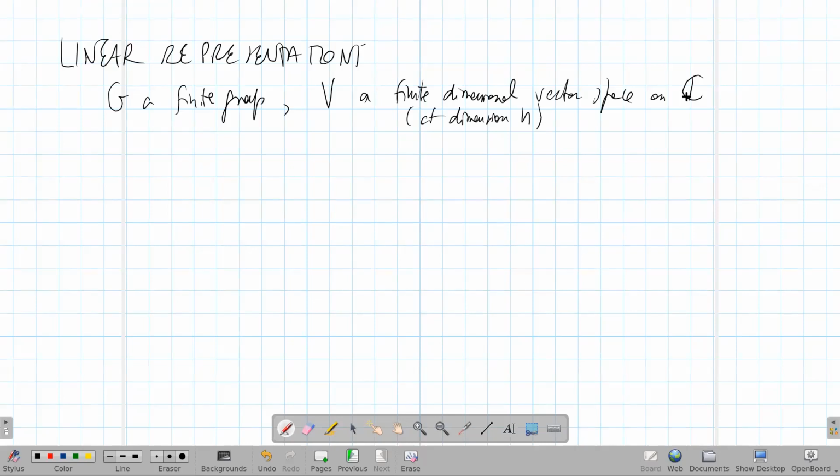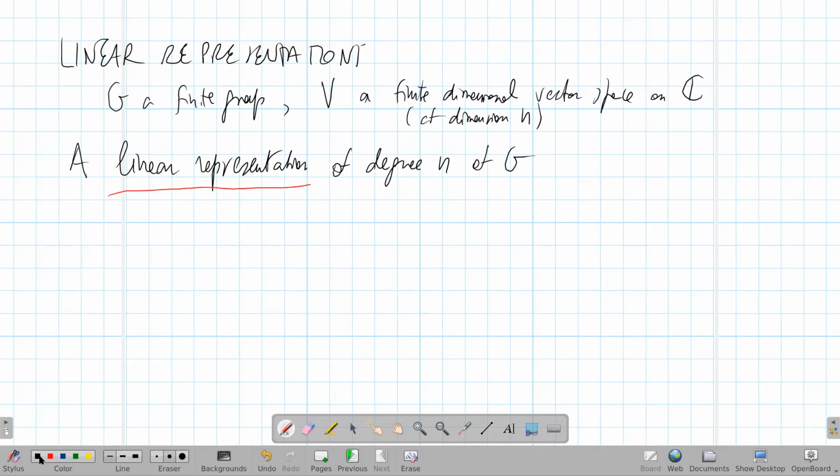If you change the field, you get a different behavior and not as nice as we get here. So a linear representation of G, let's say of degree n of G. So that's the critical term we are going to define.